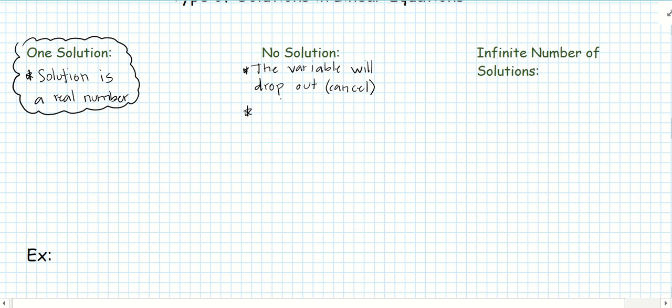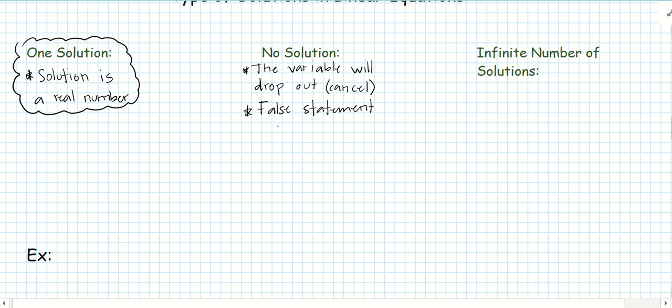And the second thing that we're going to notice whenever we have no solutions is that we're going to end up with a false statement. So after we have canceled the variable, right, after we have noticed that the variable is dropping out, we're going to notice that the values that we have on both sides of the equation don't match.